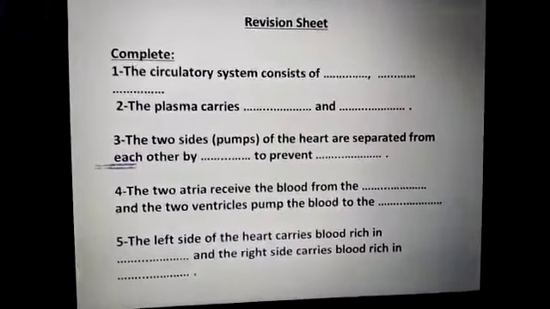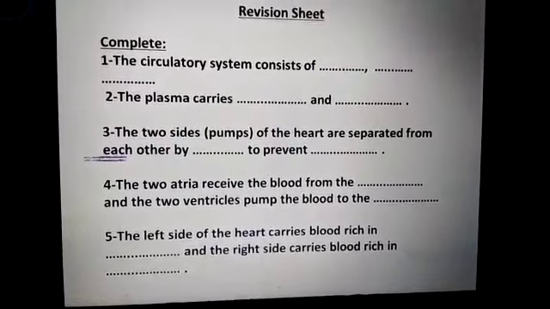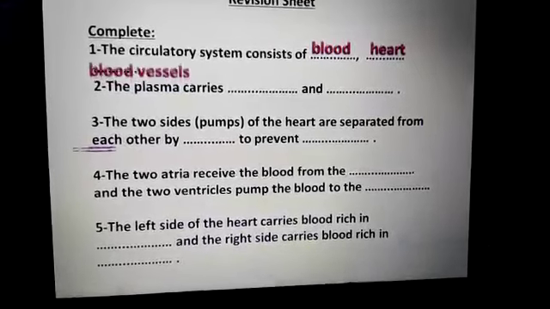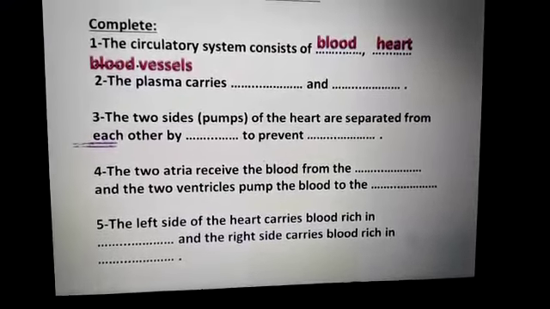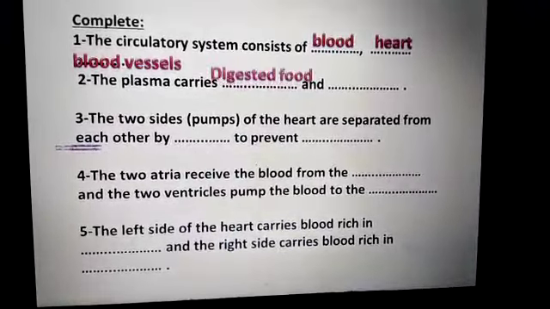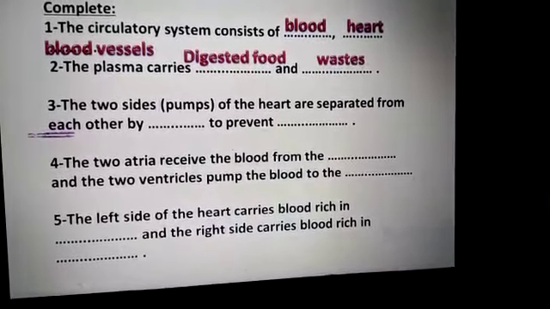Let's revise this revision sheet. Number one, the circulatory system consists of blood, heart, and blood vessels. Number two, the plasma carries, as we said before, digested food and wastes.